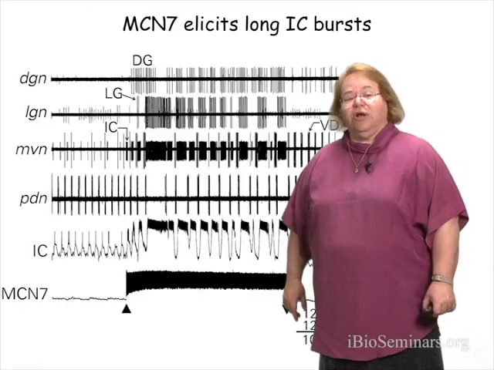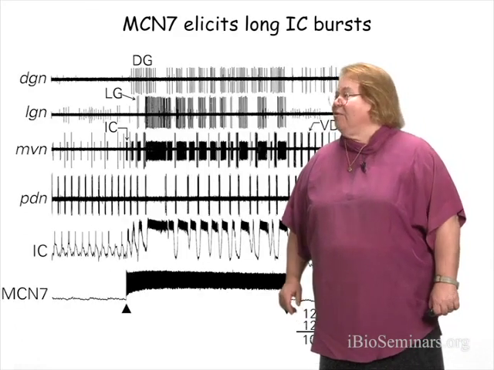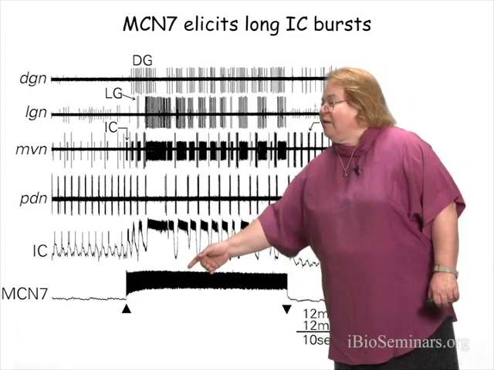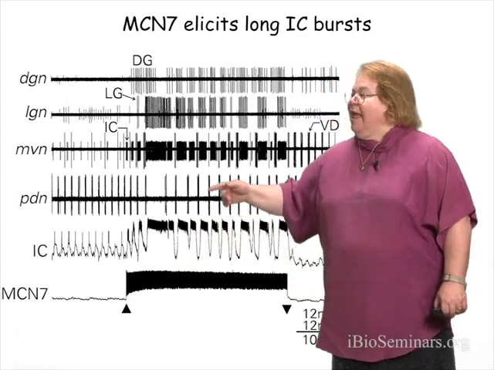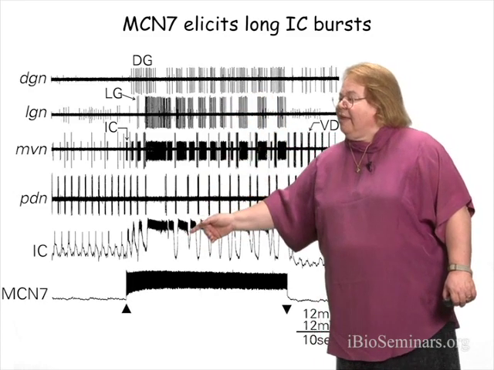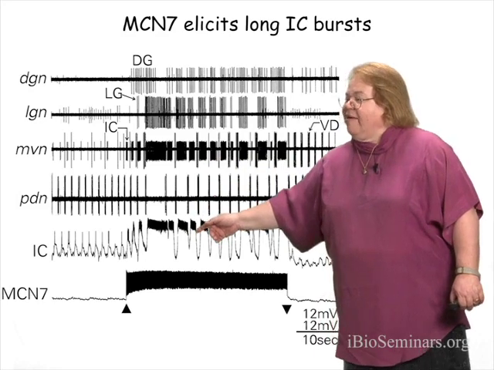And the next slide shows a third proctolin-containing neuron, MCN7, and its actions. Here, strong depolarization of MCN7 activated some gastric activity and strongly influenced the action of IC.